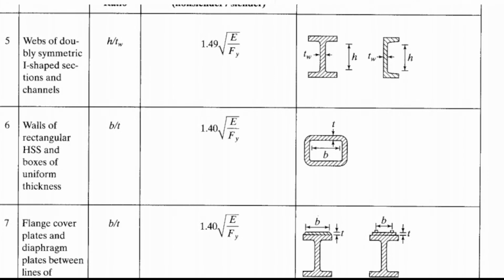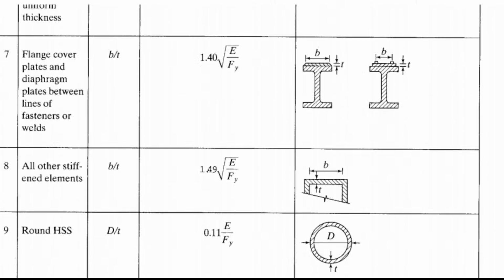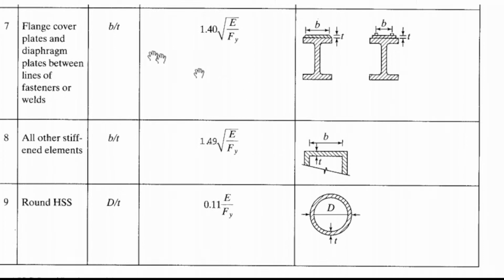And case number 7, take a look at the value of b and t. That is for case 7, plate covers. B is the flange cover width.